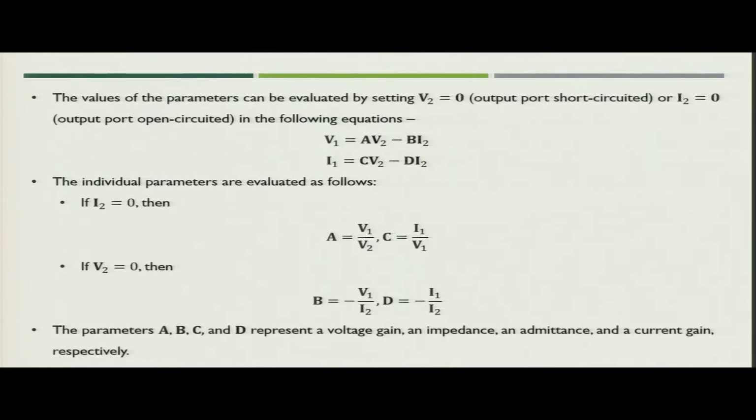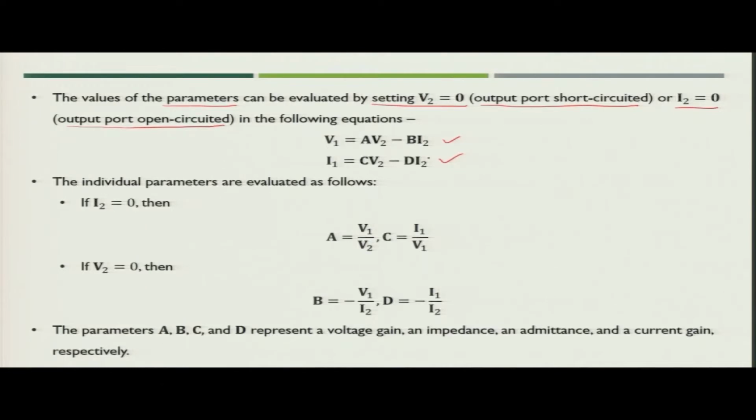Now, let us see how we will calculate these parameters. We can calculate them by setting V2 equal to 0, that means the output port is short circuited, or I2 equal to 0, that means the output port is open circuited. The equations relating V1, I1 with V2, I2 are shown in the slide: V1 equals A V2 minus B I2, I1 equals C V2 minus D I2.